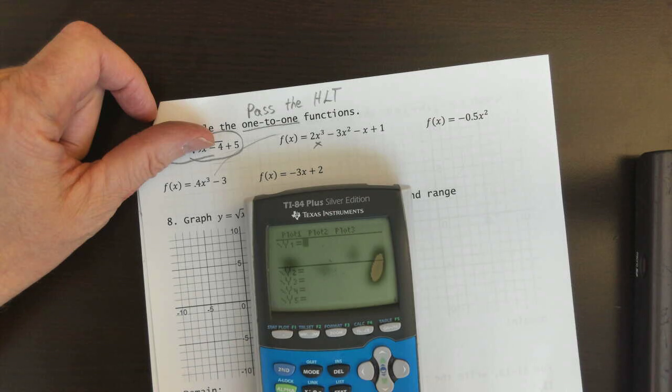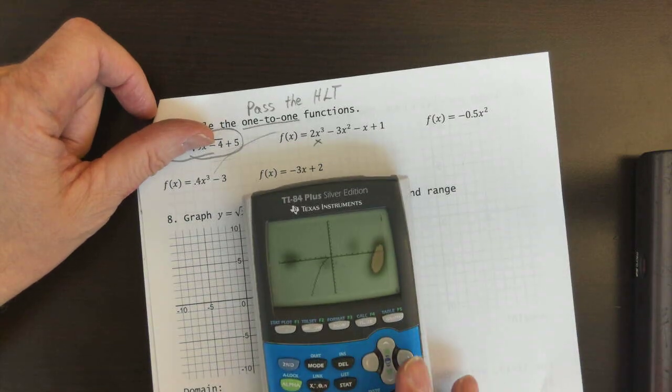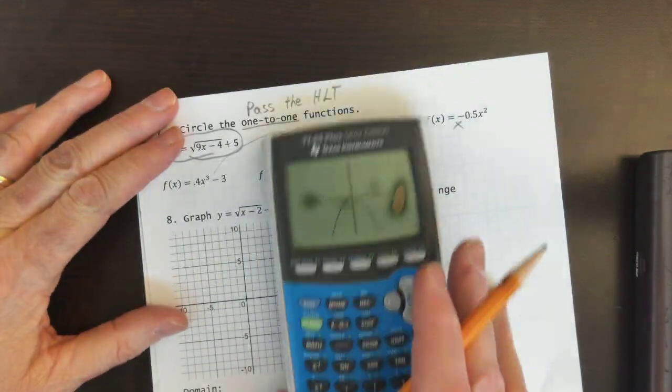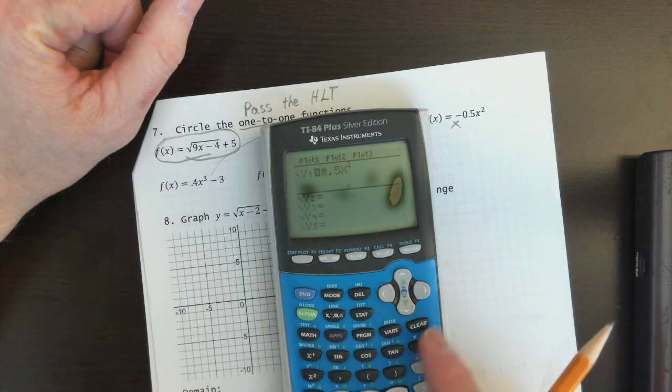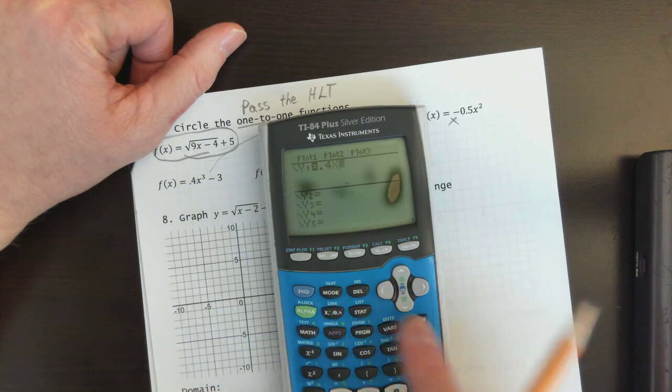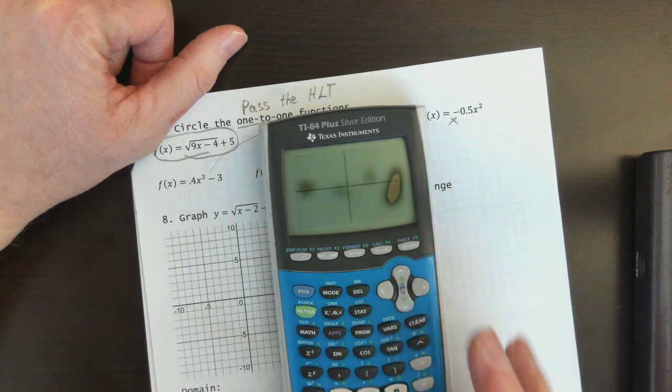Let's go y equals negative 0.5 x squared. Graph that. Not passing the horizontal line test. The inverse is not a function. All right, let's do 0.4 x to the third. Graph that.